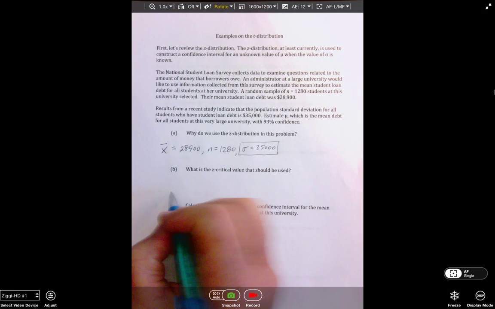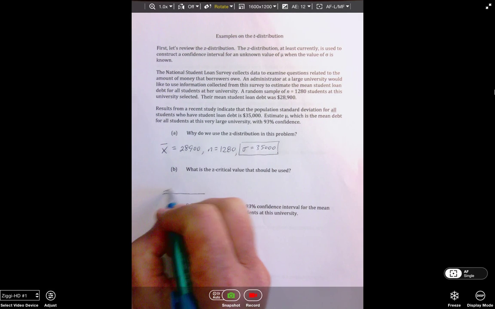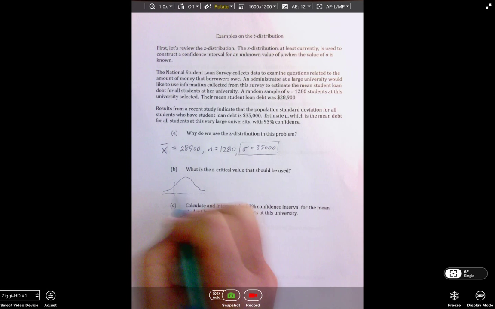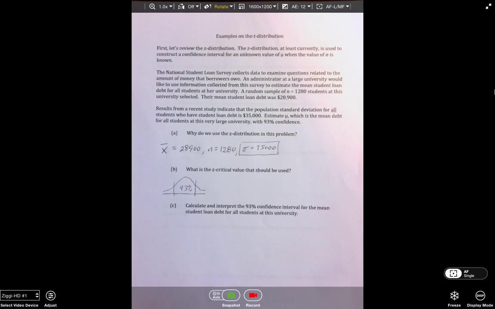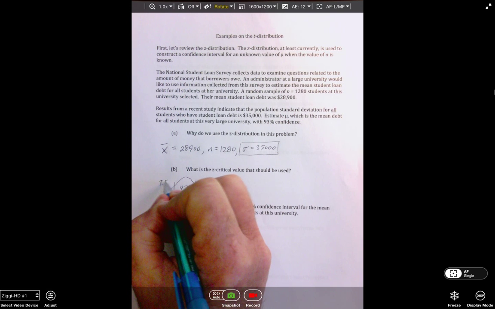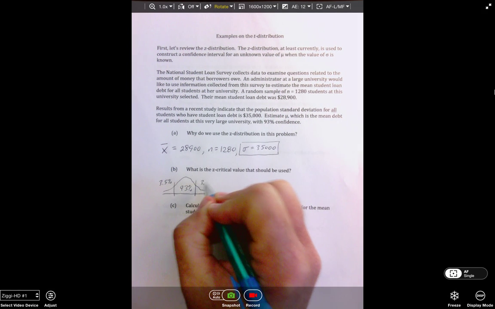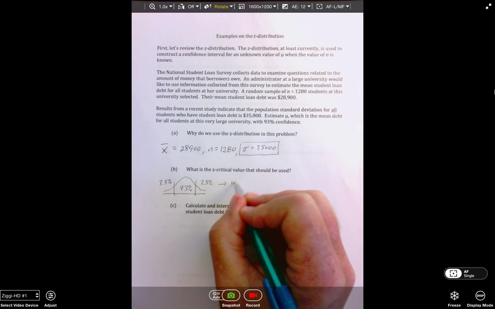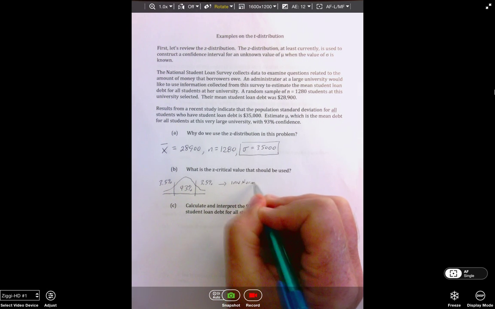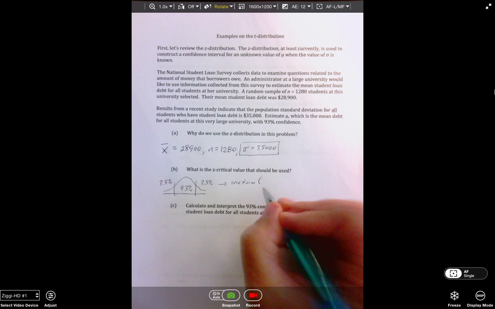Secondly, what is the z critical? Well, again, if we have 93%, we're going to play the same game we played before. Put that in the middle. I ask ourselves, how much is missing? Well, there's 7% missing. Put half of it here and half of it here. So, guys, in my calculator, I'm going to use inverse norm because I'm using the z distribution.